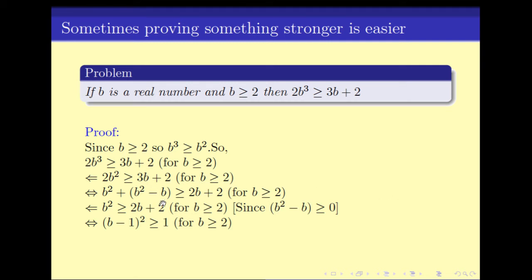So for example here, b squared is greater than 2b plus 2 is a stronger statement than the earlier one, which says that 2b cube is bigger than 3b plus 2.